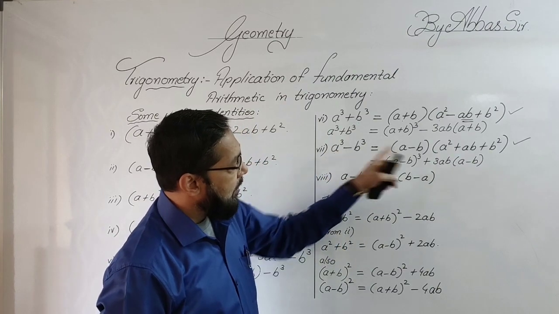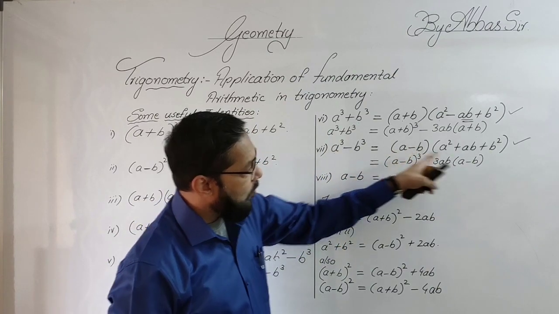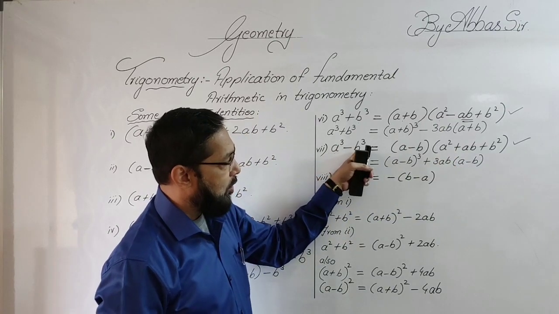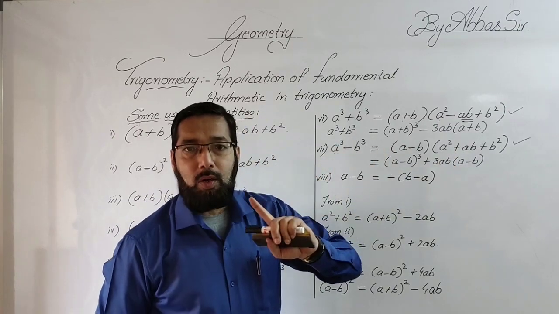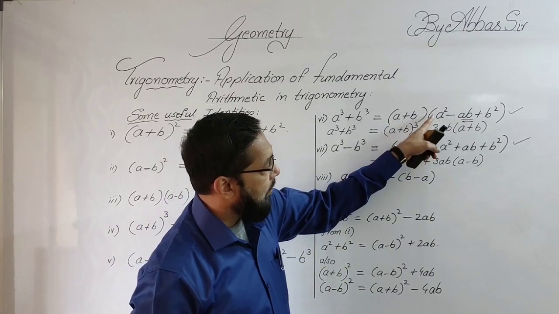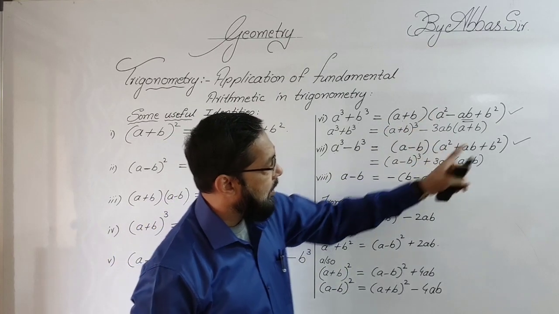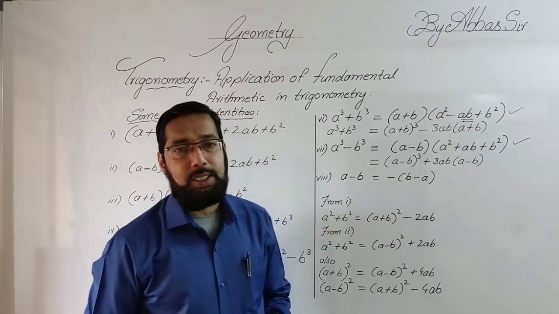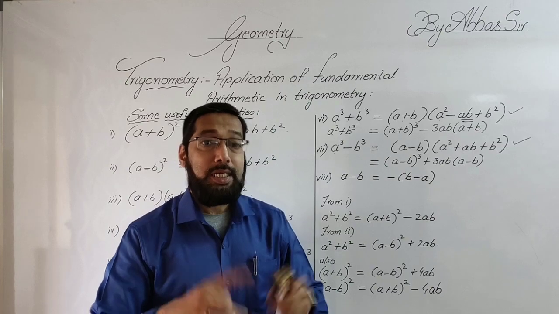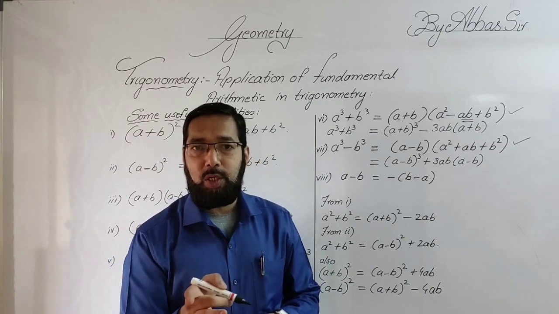And in the second case, the sign of b is negative whereas ab is positive when we are considering a cube minus b cube. Rest all the terms are always positive. For example, the sign of a, the sign of a square and the sign of b square never change. It is only b and ab whose sign interchanges when it is a cube plus b cube or a cube minus b cube.